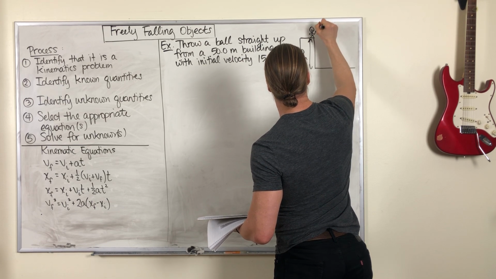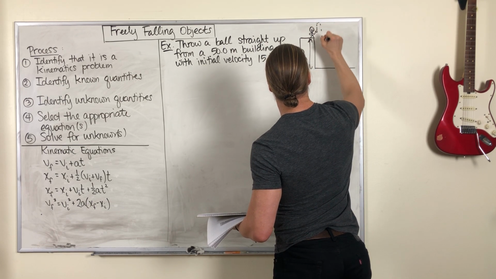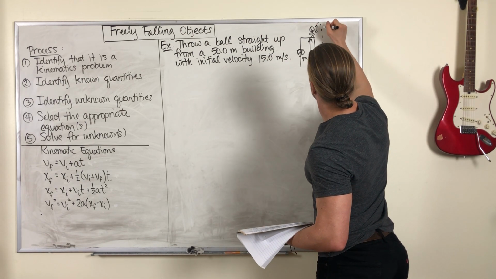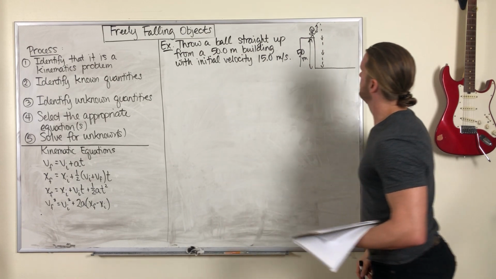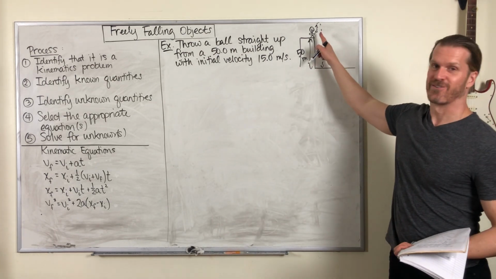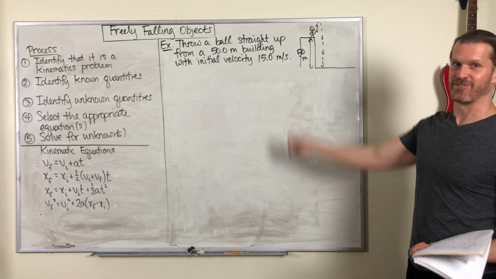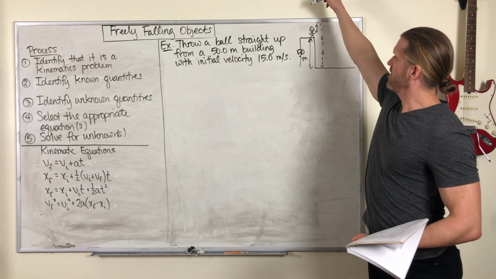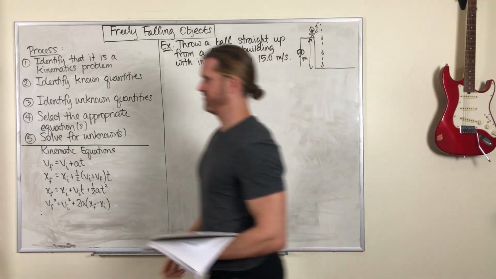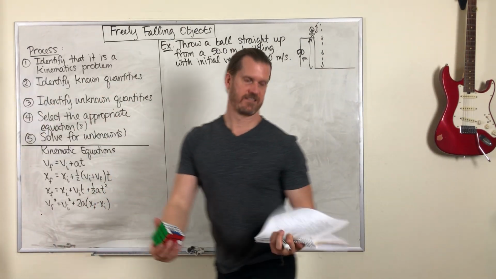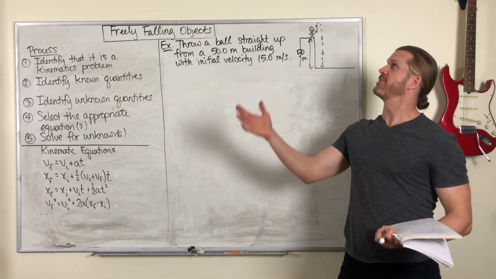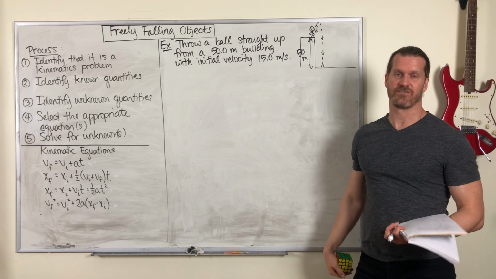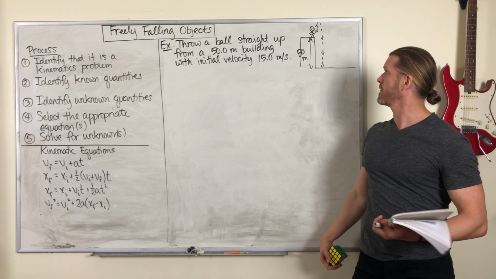And you throw a ball up. I kind of ran out of room on this board, but imagine that you can throw it higher than that. You throw this ball straight up, so it goes up, comes back down, lands on the ground 50 meters below where you threw it from.